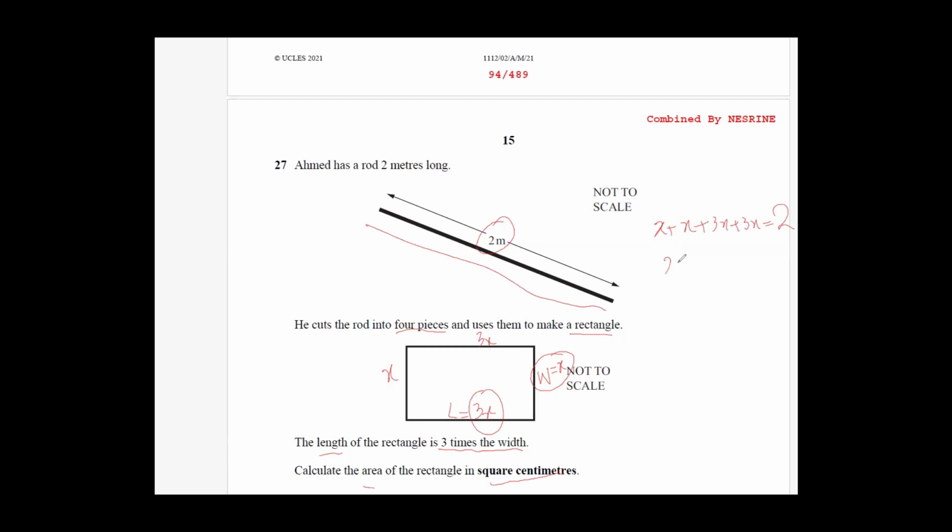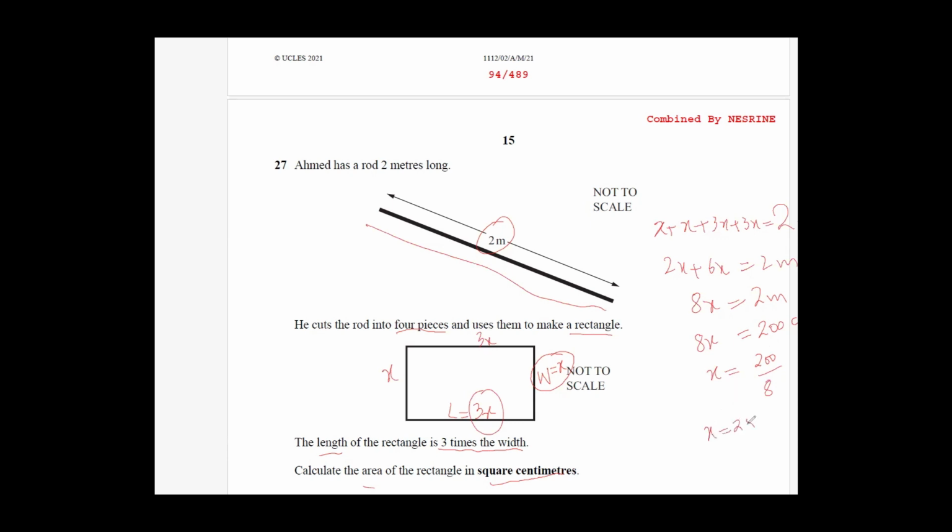So simplifying it, 2x plus 6x, 8x is equal to 2 meters. But since we need to find the answer in square centimeters, it's better to convert it into centimeters. So 2 meters is going to be 200 centimeters. From here we can find the value of x, 200 divided by 8, which is 25 centimeters.